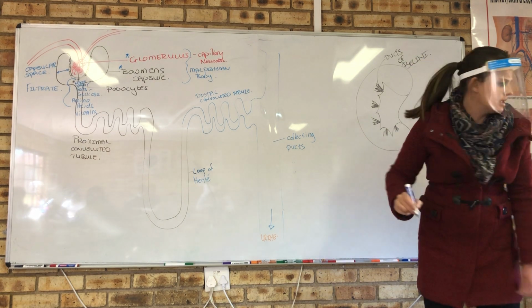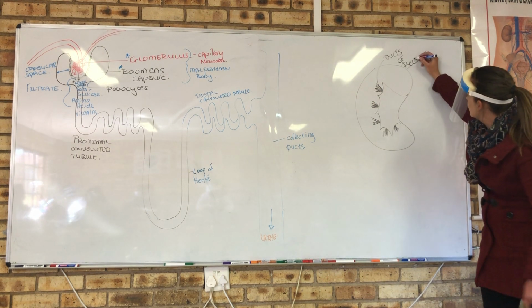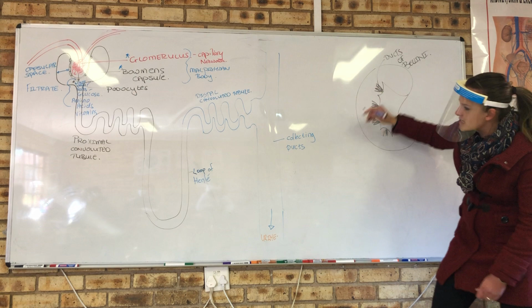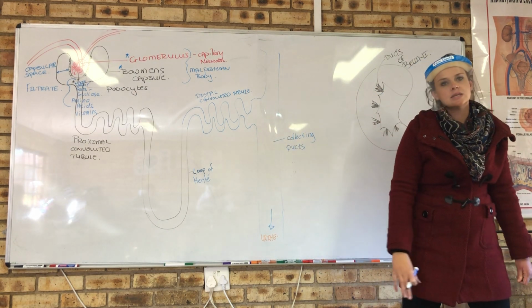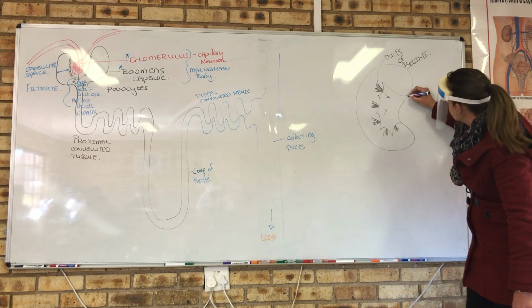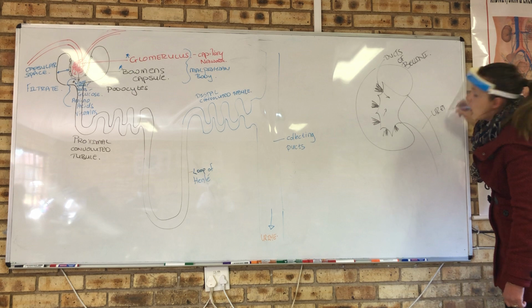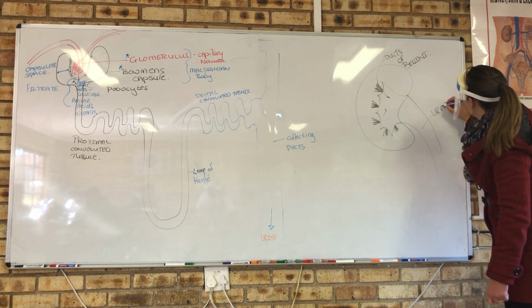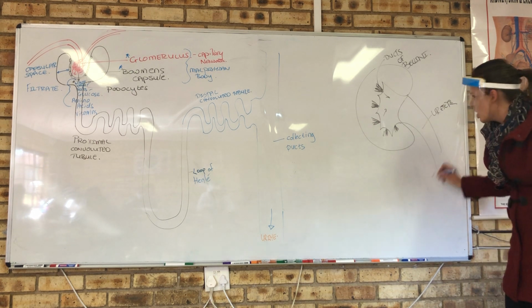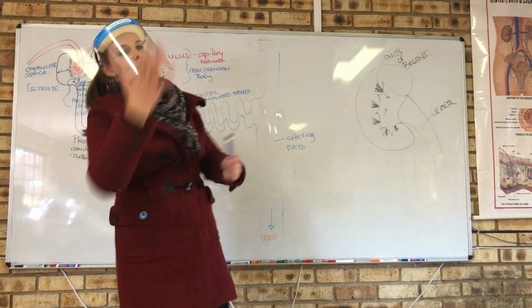Is Bellini double L? I think it was. Yeah. Bellini. And these ducts come from these collecting ducts. And all the urine then gathers through here into the renal pelvis and exits out the ureter. And where's it going to go to? Bladder. And then out the ureter.